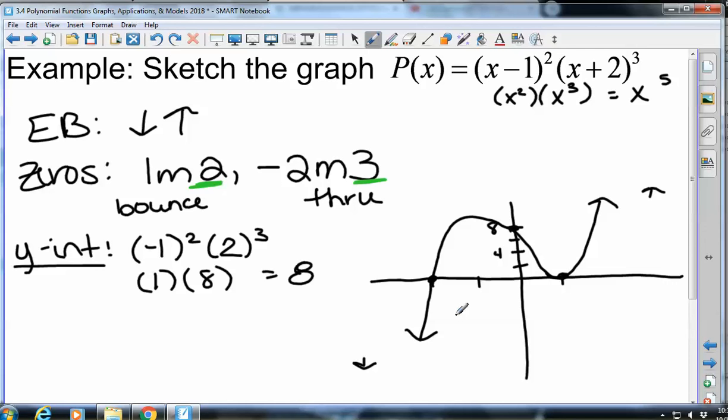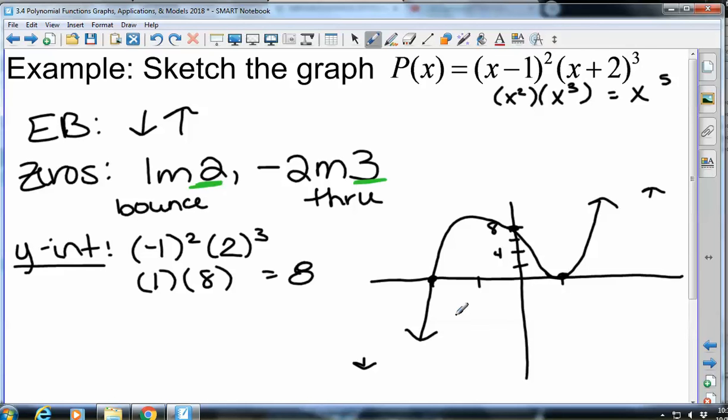If your graph hits it somewhere else, you've made a mistake. Is that one okay?